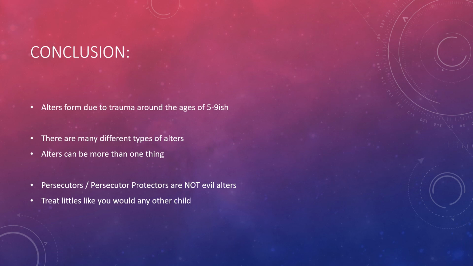So, a quick recap. Alters are formed due to trauma around the ages of 5 to 9-ish. There are many types of alters, and honestly, we probably didn't even cover all of them. And alters can be more than one thing. Persecutors and persecutor protectors are not, I cannot stress that enough, not.